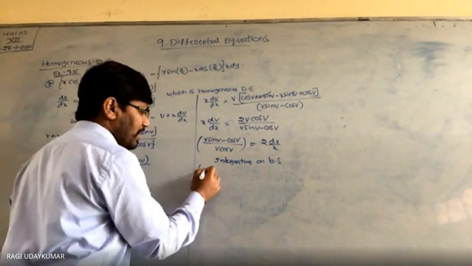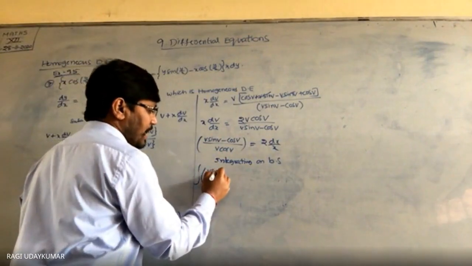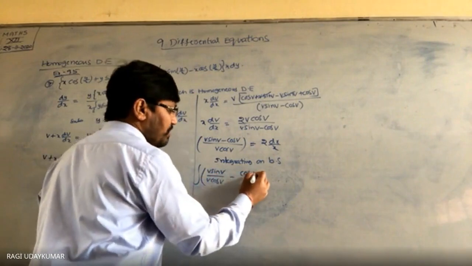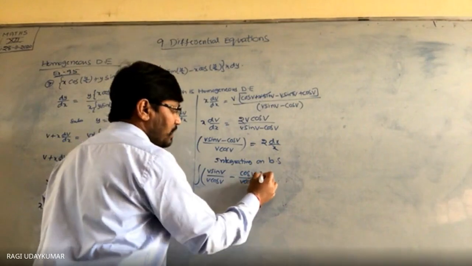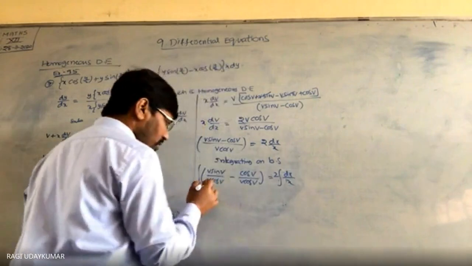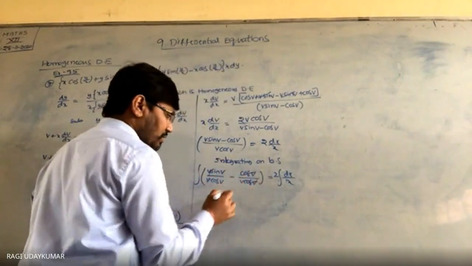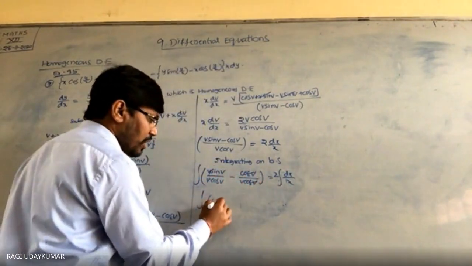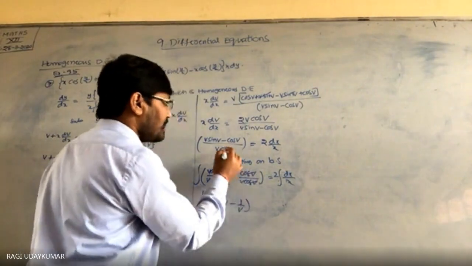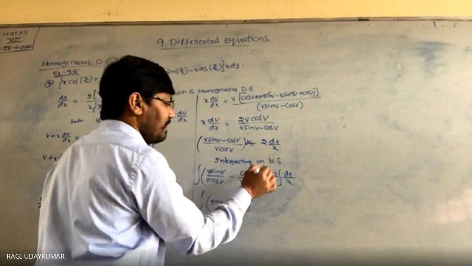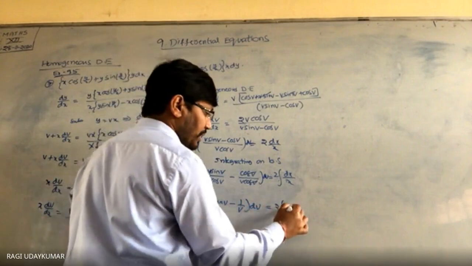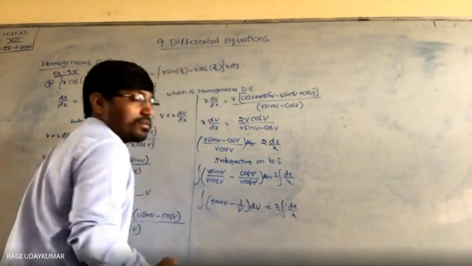So what do you get here? Integration of, we can simplify this also: v sin v by v cos v minus cos v by v cos v is equal to the integration of 2 dx by x. v will get cancelled, cos v will get cancelled. So the integration of tan v minus 1 by v dv is equal to 2 into the integration of dx by x.